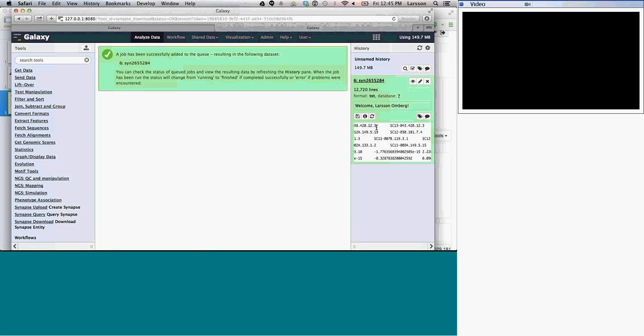Mm-hmm. So I think my previous answer would be the opinion. I would either do the data sets and then look at what the variation looks like across them.